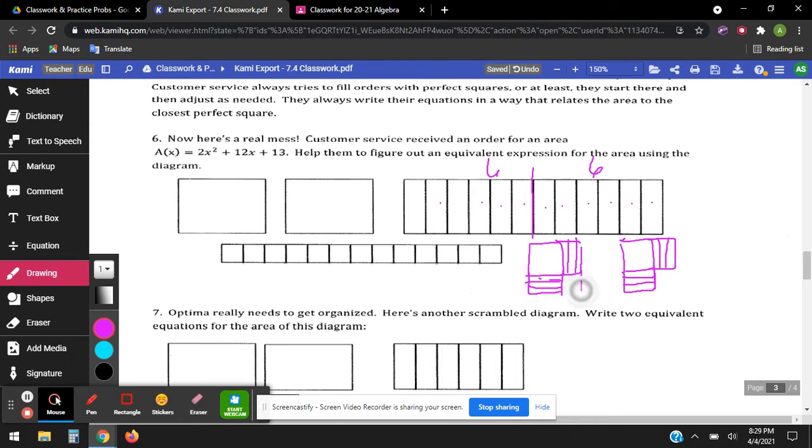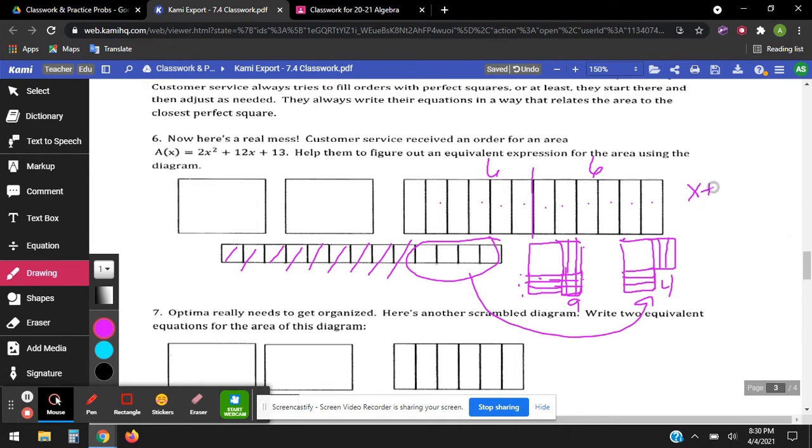Well, 3 by 3, this one would have 9, right? So if 1, 2, 3, 4, 5, 6, 7, 8, 9 is used up, then I only have 4 for this side. So my perfect square would be x plus 3, right? 1, 2, 3.